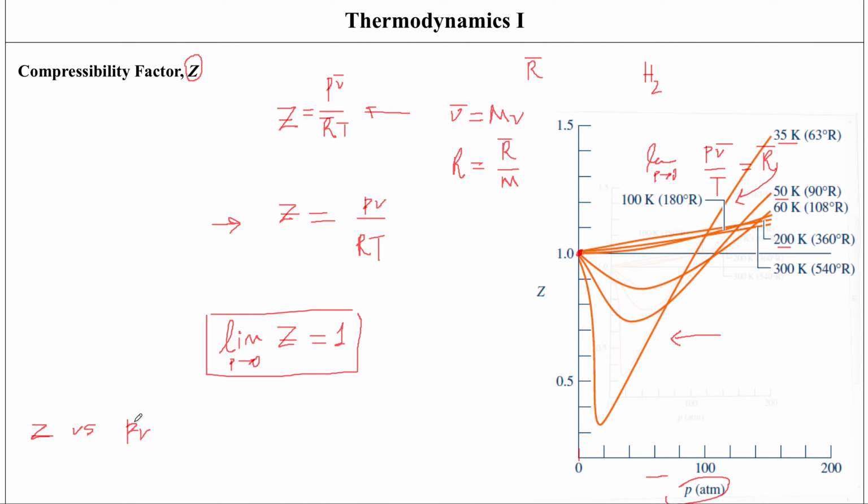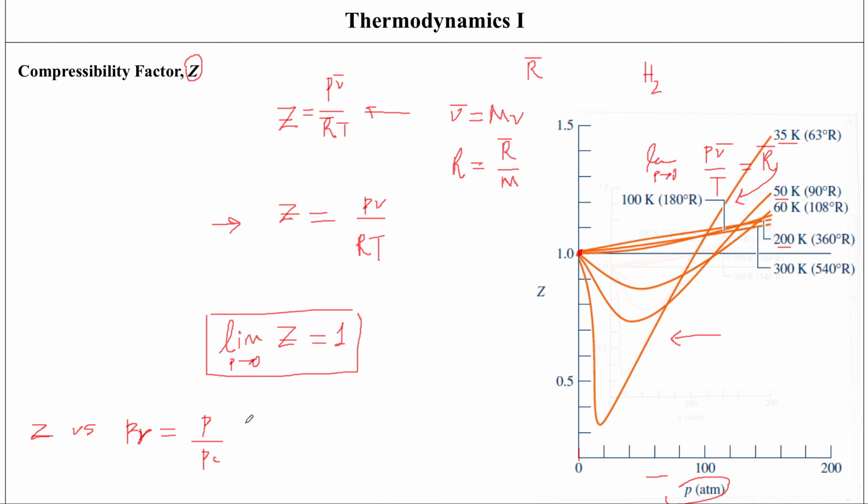It's called P R, reduced pressure. It's P, and this is R over here. And reduced pressure is basically a dimensionless quantity. It's just a ratio of the given pressure to the critical pressure for that gas.